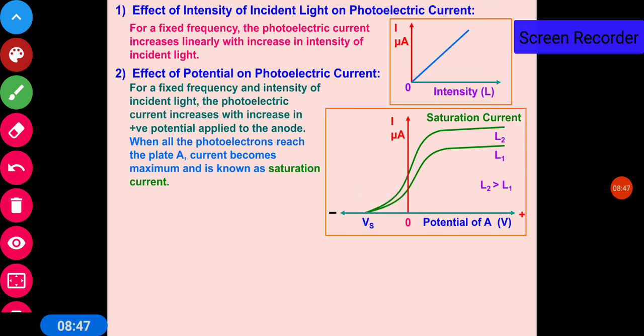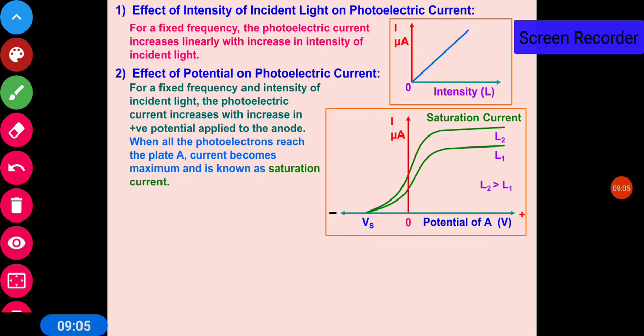Now, if we reduce the anode potential towards the negative direction, then the photocurrent starts decreasing. But at zero potential, the photocurrent does not become zero; it has some value.